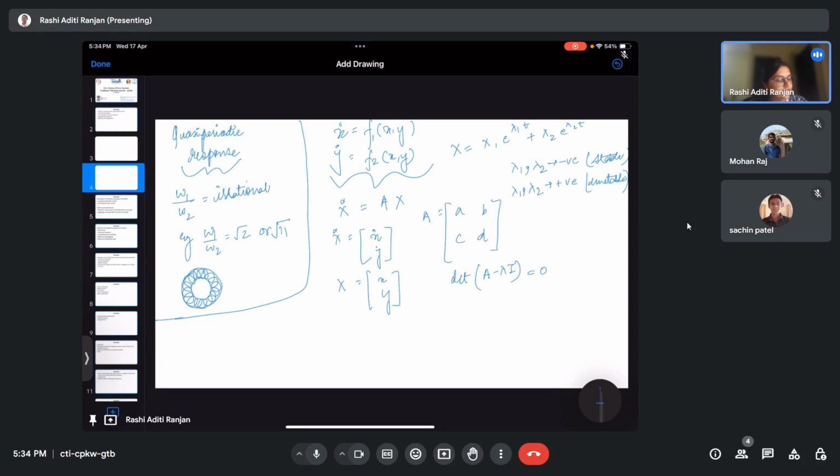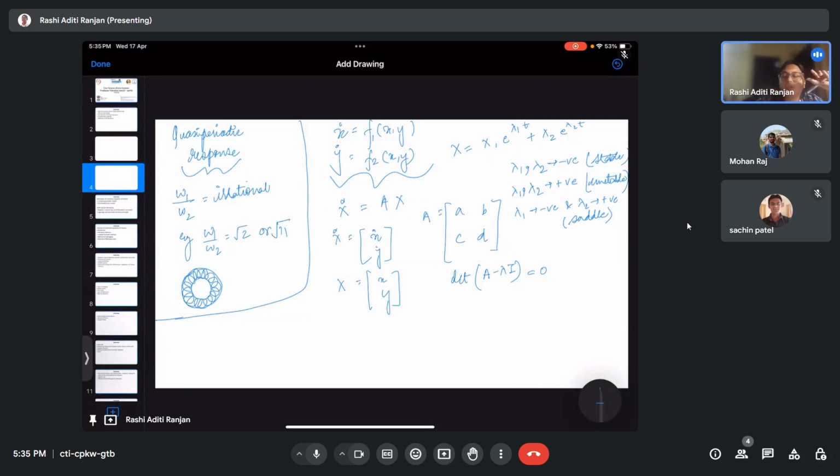And then if my lambda 1 is negative and lambda 2 is positive. So if you remember, in this case my fixed point was a saddle, right? Now by saddle, what do I mean? By saddle, I mean that in one direction it is positive, while in the other direction it is negative, which means though my system would try to approach the fixed point from one direction, however, as it tries to reach the fixed point, the second direction is going to take it to infinity.